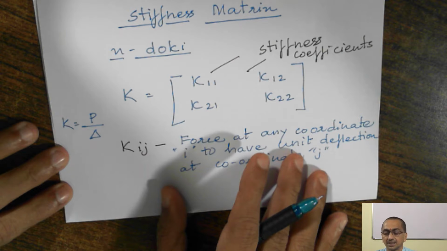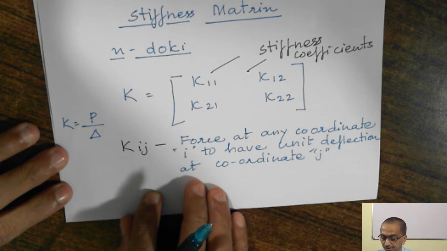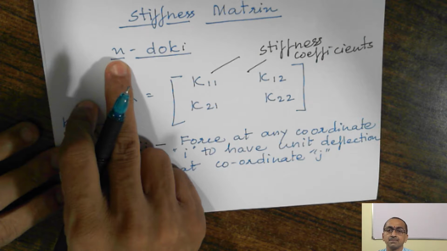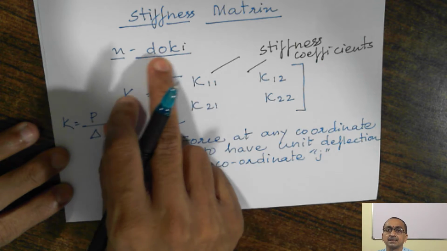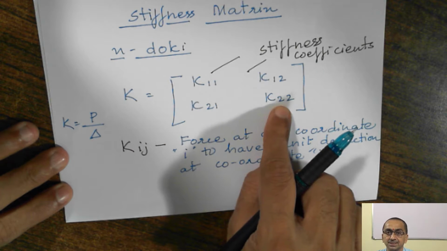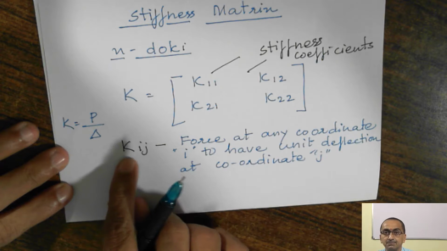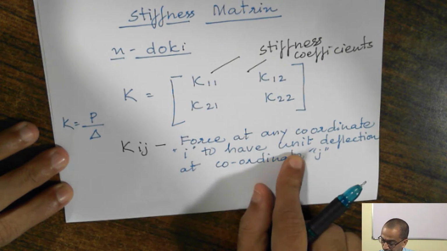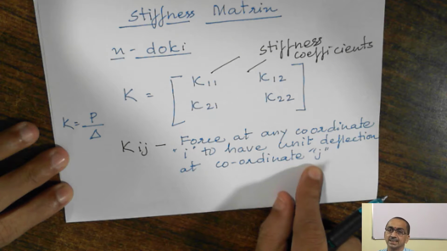At that time itself, I mentioned that you must have these 8 diagrams ready for all further discussions in stiffness matrix. Today we will see how those 8 diagrams can be used to generate a stiffness matrix. To sum up, stiffness matrix is the square matrix of the order n, where n is degree of kinematic indeterminacy of the structure. Stiffness matrix has stiffness coefficients as its members. These can be defined as Kij, force at any coordinate i to have unit deflection at coordinate j.